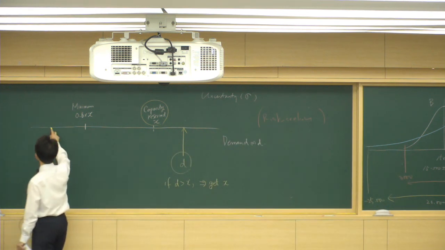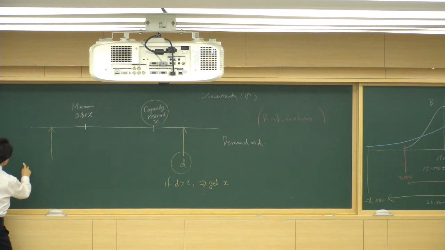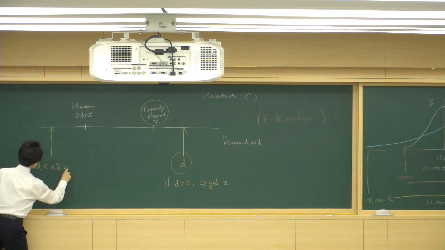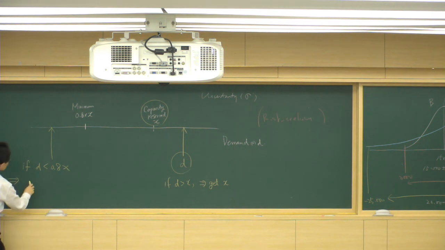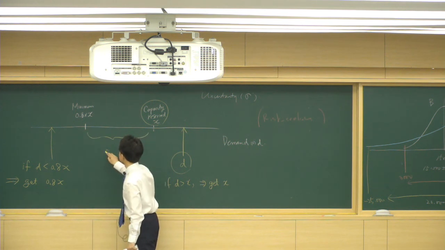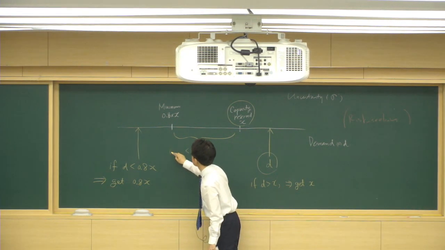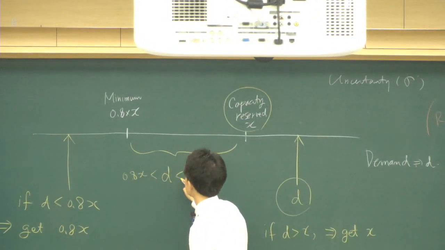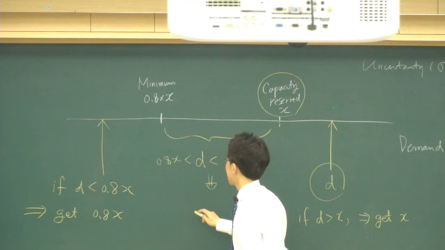If demand is here, in other words, if demand is less than 0.8X, then how much do I get? I should get 0.8X, because that's the minimum amount I have to buy. Okay? And if demand is between 0.8X and X, then how much do I get?